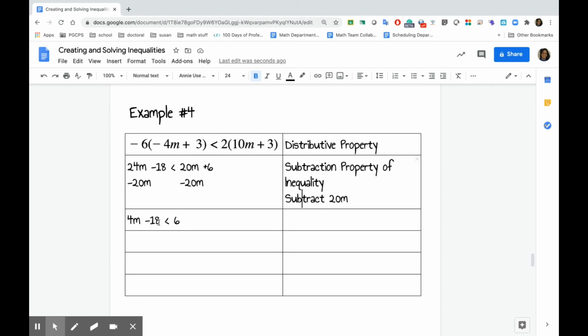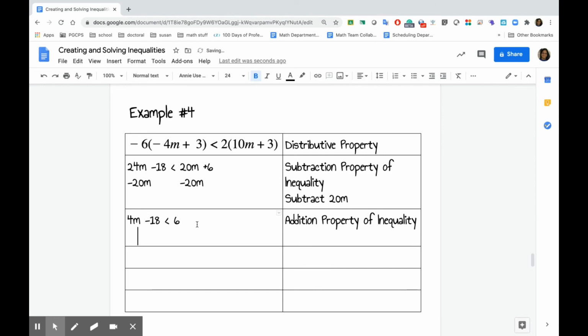Next is eliminate negative 18. So we'll use the addition property of inequality. So this will be plus 18 and then plus 18. The left side will now be 4m, and then less than 24. And then to isolate m, we'll use the division property of inequality.